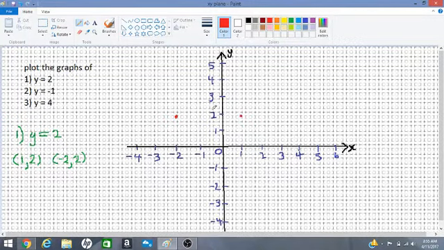And now we want to connect these points with a straight line. So let's do that.